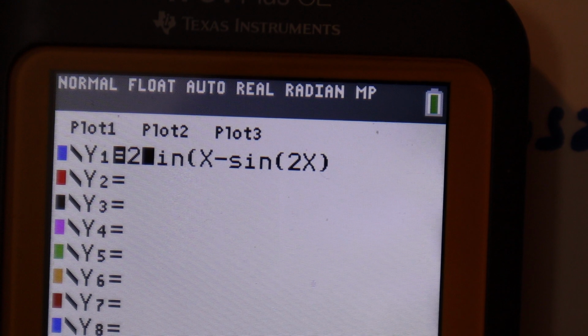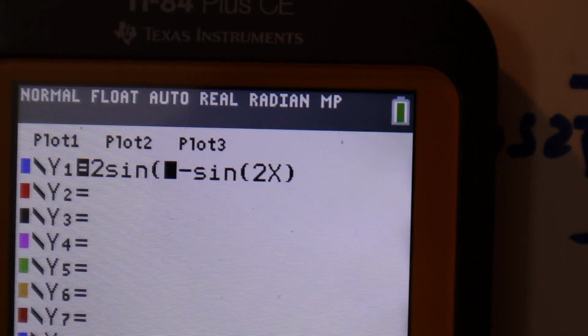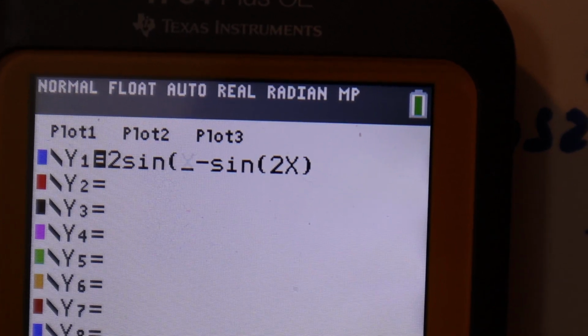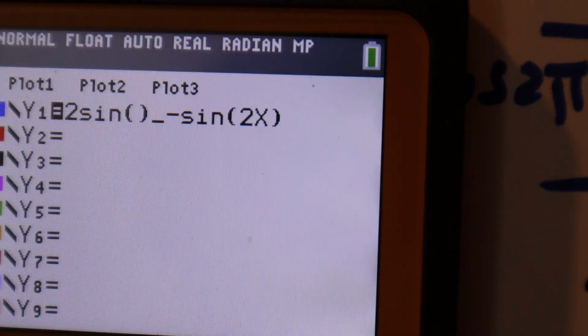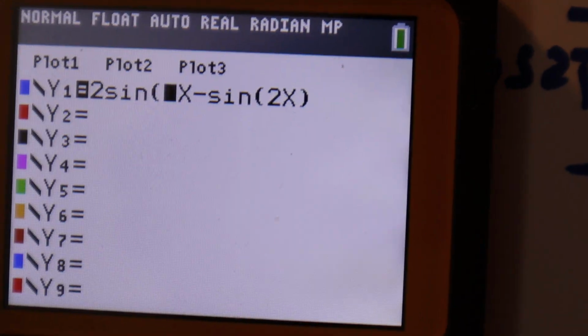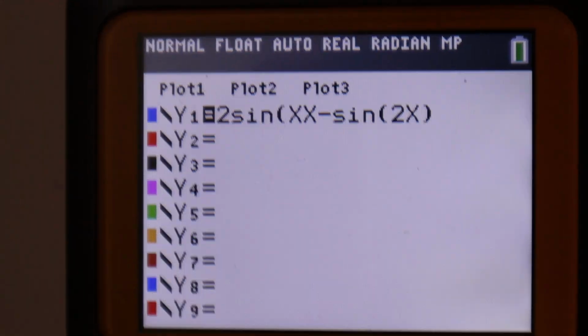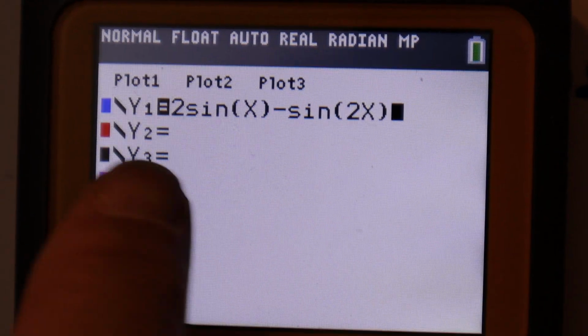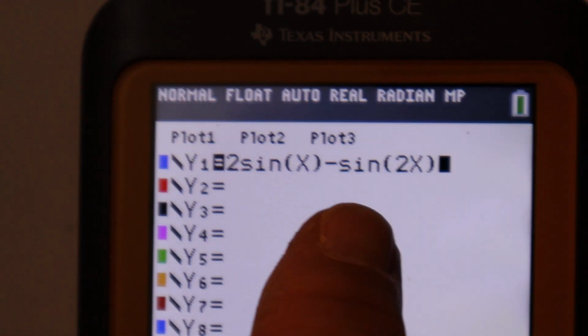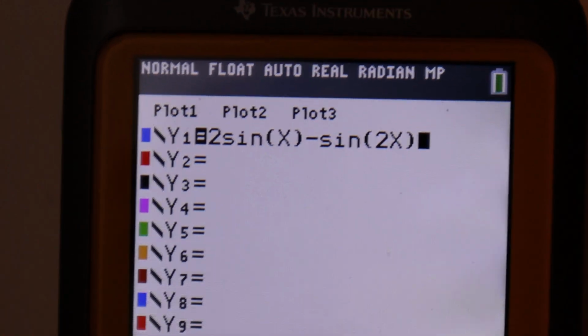Back again. Insert parentheses here. So this is x and then parentheses. Yes, we fixed it now. Good. 2 sine x minus sine 2x, and we're going to do the integral.